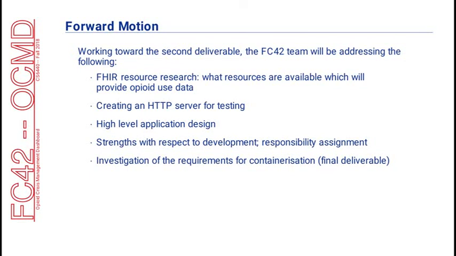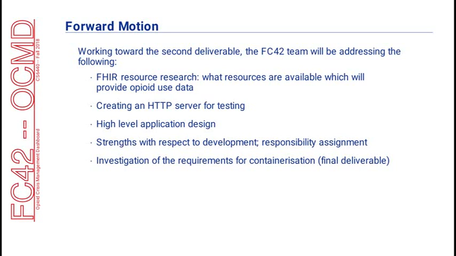Finally, what is it that we're going to be concentrating on over the next couple of weeks as we move toward deliverable 2? First, we need to do what we call FHIR resource research: what resources within a FHIR repo are available and will be fitting for us to use. We need to create an HTTP server for testing, and start into our high-level application design.